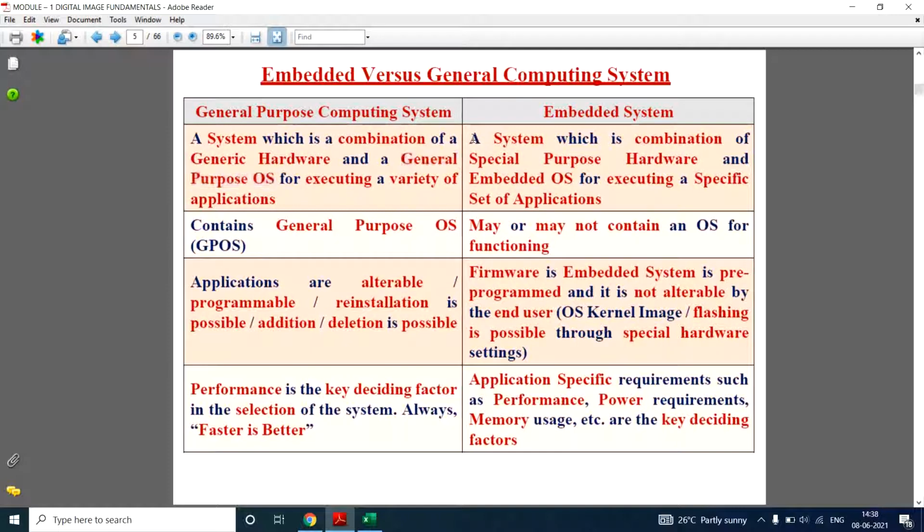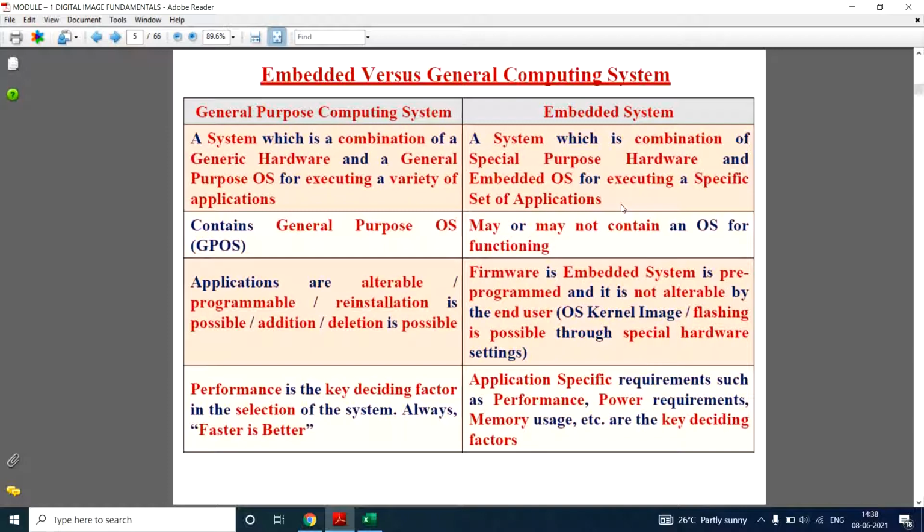Next, an embedded system is a combination of special purpose hardware and an embedded OS for executing a specific set of applications. So for an embedded system, special purpose hardware is required, and to program it you need a particular OS, which is nothing but an embedded OS.